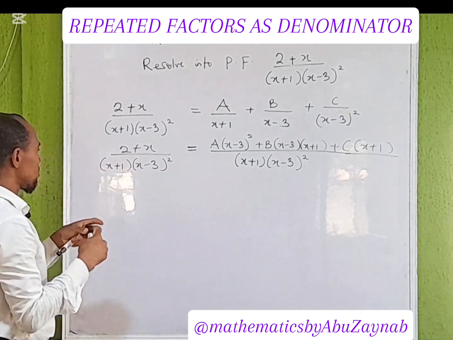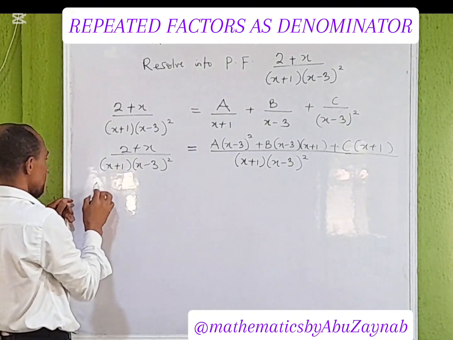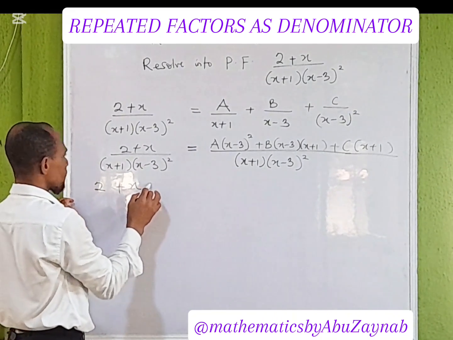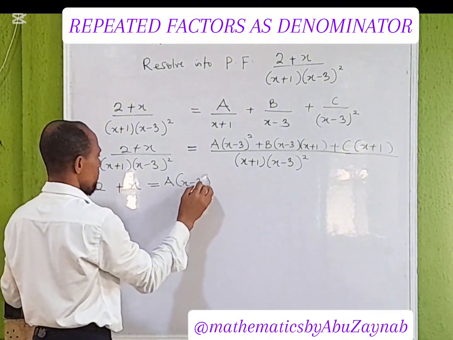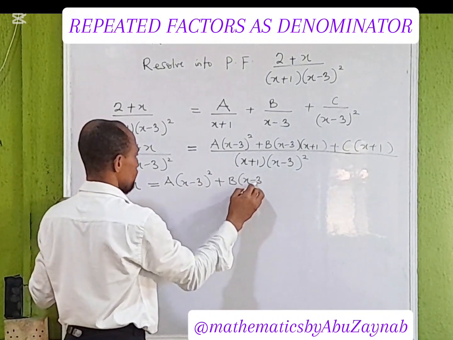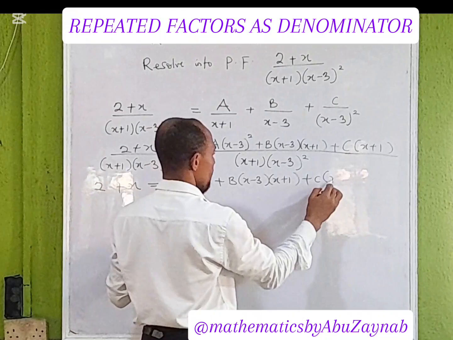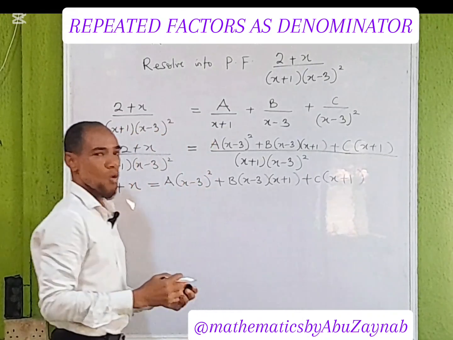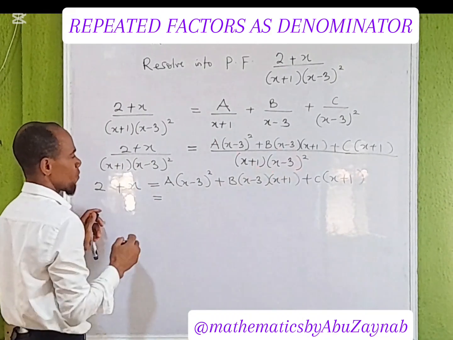So clearly, the denominators of both sides are equal. So we can just simply equate the numerators as 2 + x being equal to A(x - 3)² plus B(x - 3)(x + 1) plus C(x + 1). So at this point, we have to simplify the right hand side.